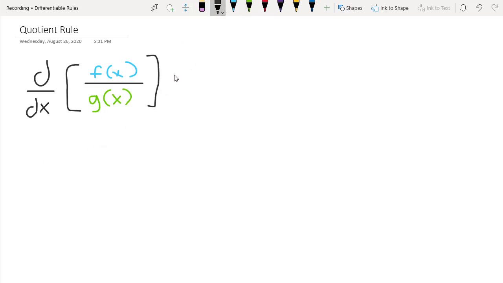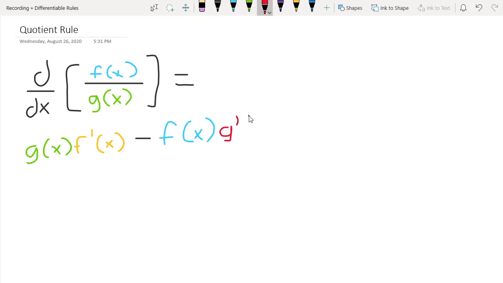So in order to find this derivative, what we'd have to do first is take g of x multiplied by f prime of x, also known as the derivative of f of x, minus f of x times g prime of x, also known as the derivative of g of x.